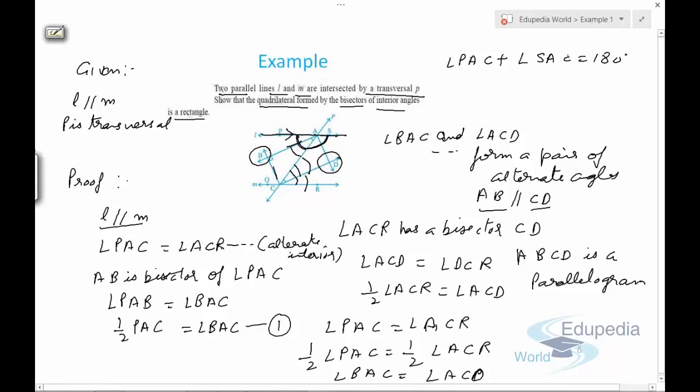Now since AB is a bisector of angle PAC, we can write half of angle PAC plus half of angle SAC equals half of 180 degrees. Now what is half of angle PAC? It is angle BAC.